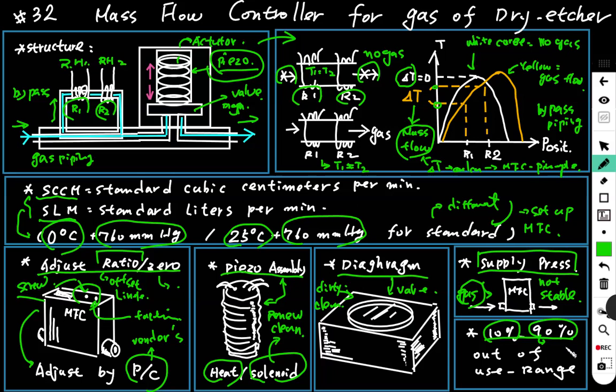Just for example, if your flow rate is usually set at 100 SCCM, then 10% to 90% is the accuracy range, and you should use the MFC that fits this range.